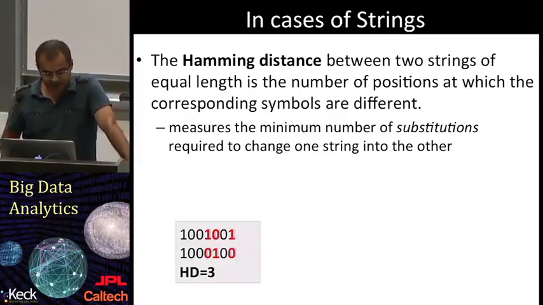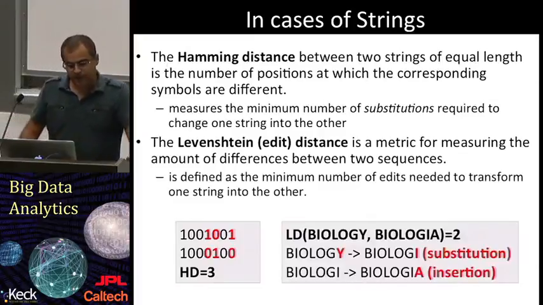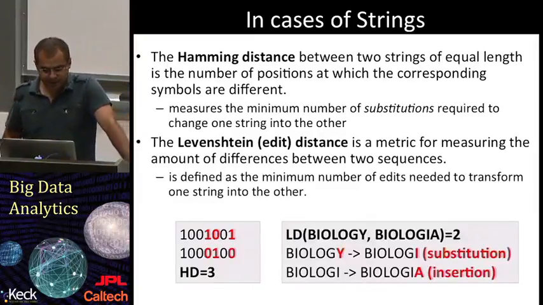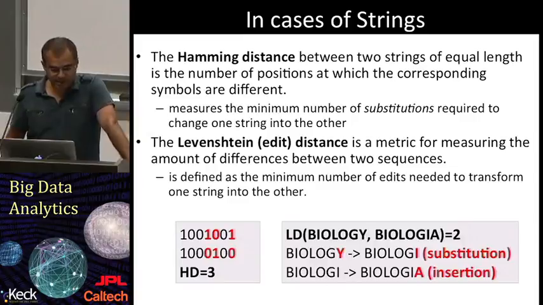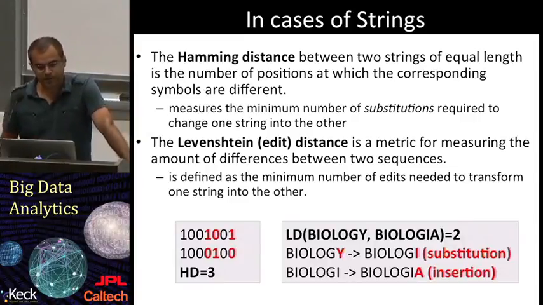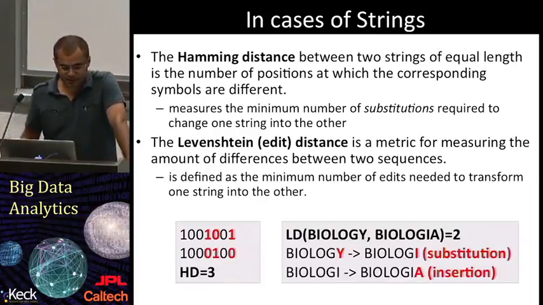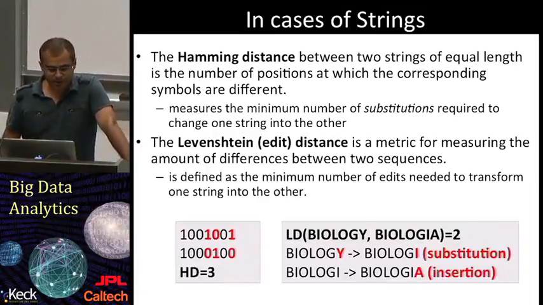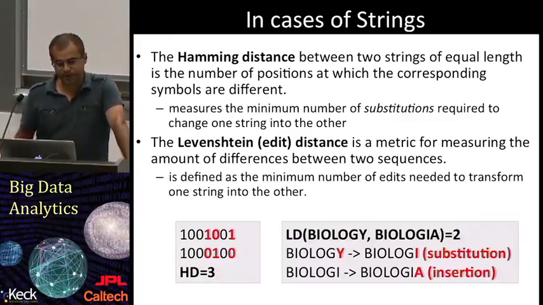So basically, the Hamming distance measures the minimum number of substitutions required to change one string into the other, while the edit distance is defined as the minimum number of edits needed to transform one string into the other. For example, let's consider 2 words, biology and its translation in Italian, biologia. And we can see that the edit distance is equal to 2.